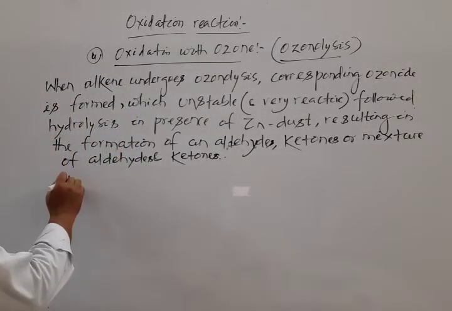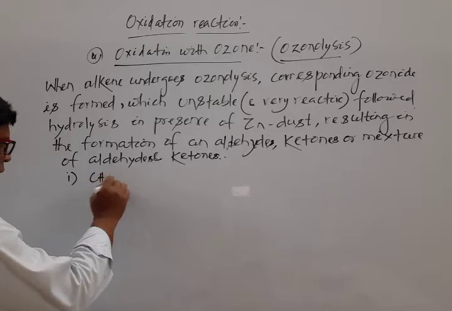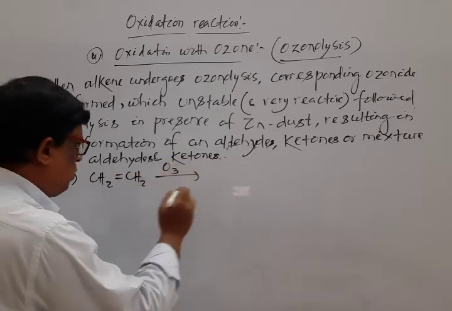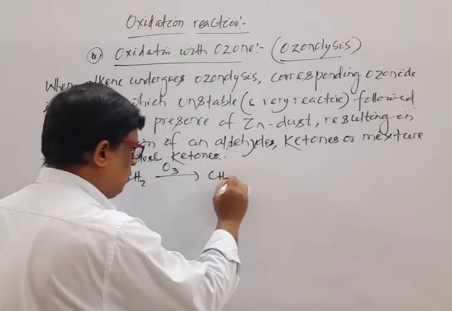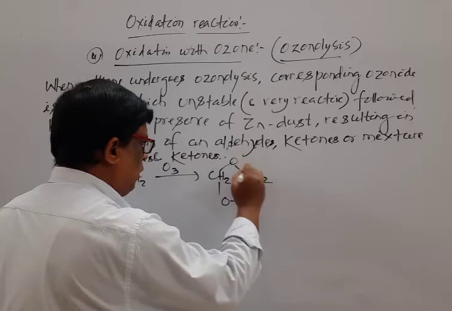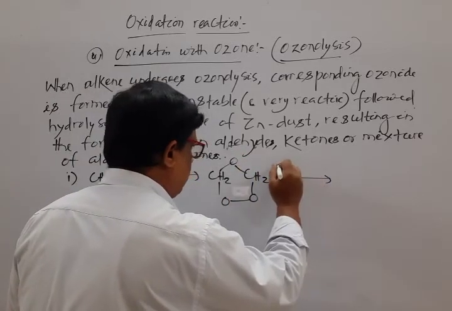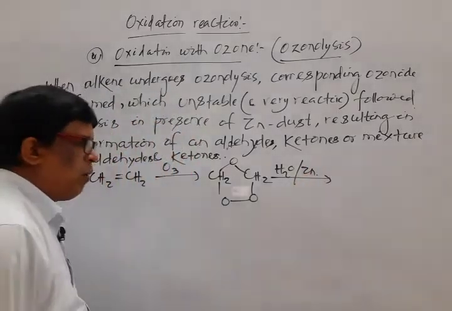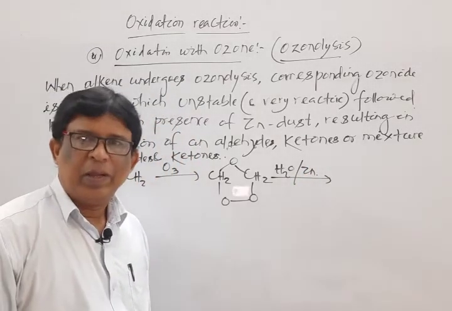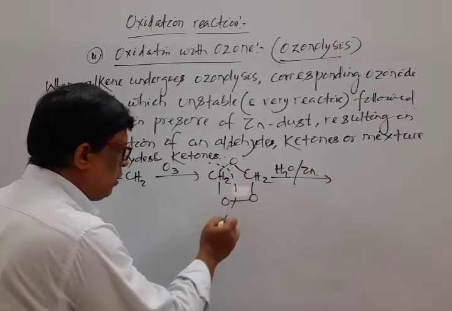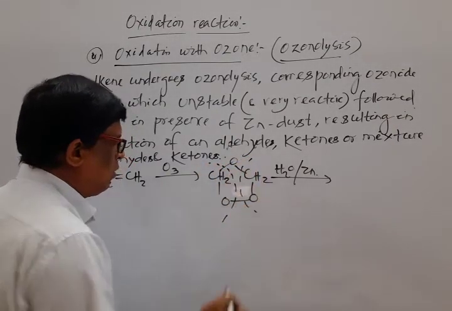Bit 1, ethene reacts with ozone to form ethylene ozonide, which is unstable, followed by hydrolysis in presence of zinc dust. Mark that. This bond breaks, this bond breaks.